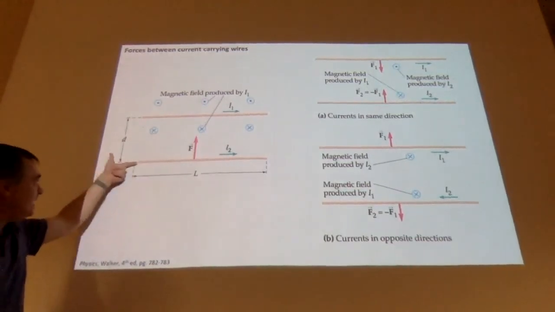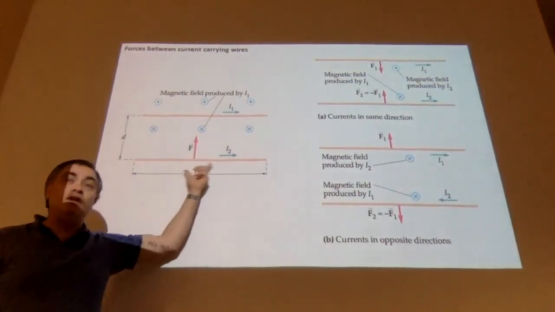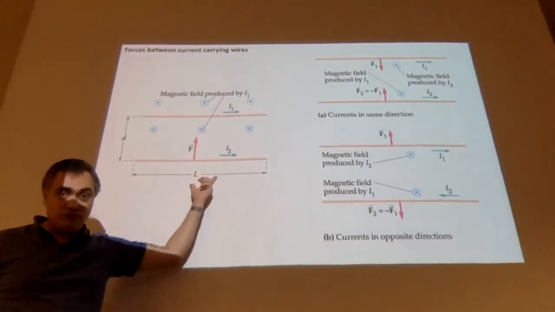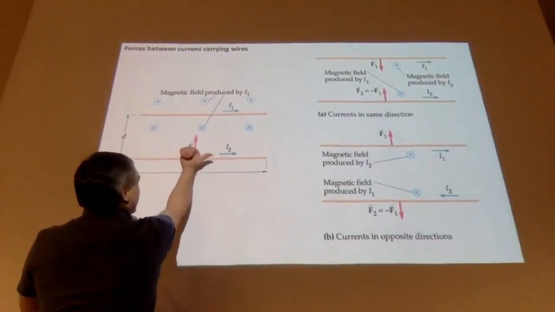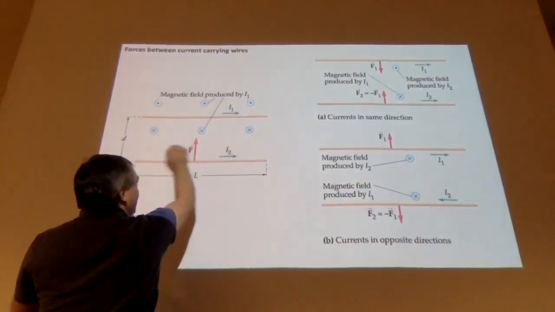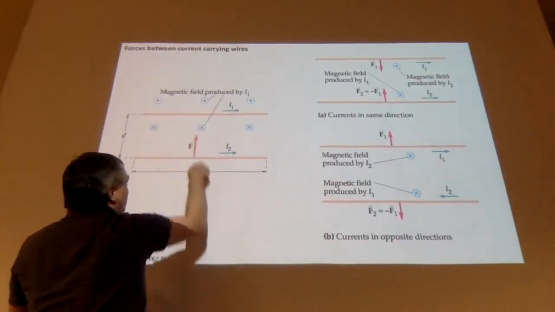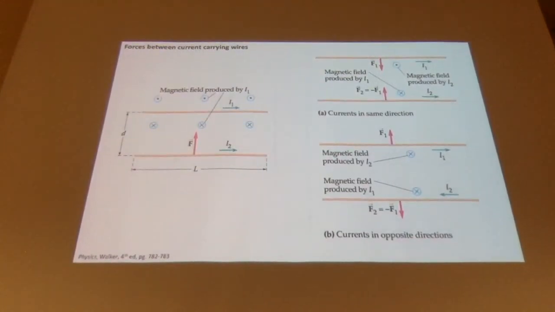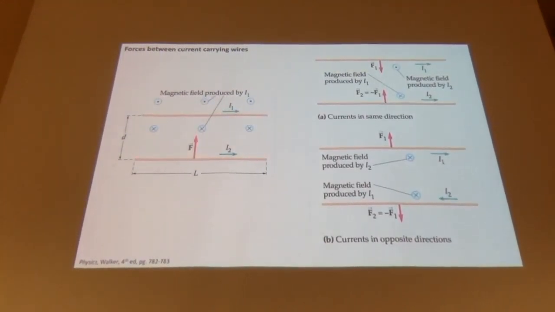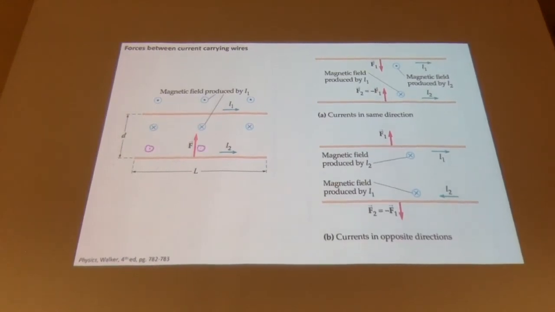This wire, since it has current flowing through it, is producing a magnetic field too, right? What's its magnetic field look like? Same sort of thing. Above it, it should be pointing towards you, and below it, it should be pointing away from you. So let's draw in some more of these.